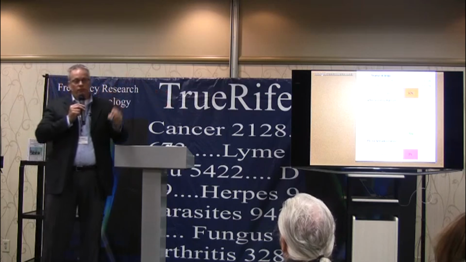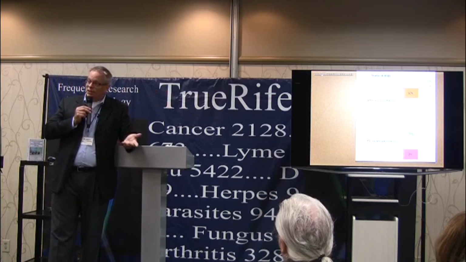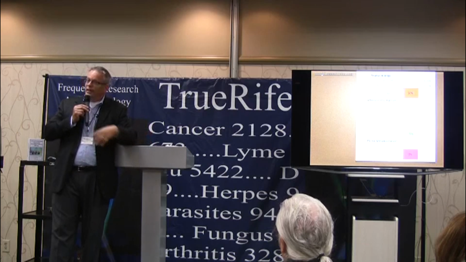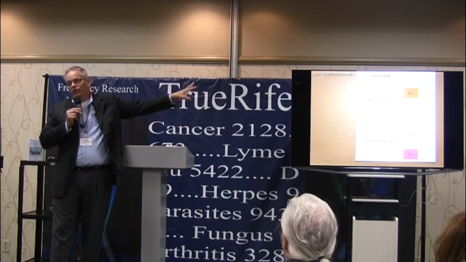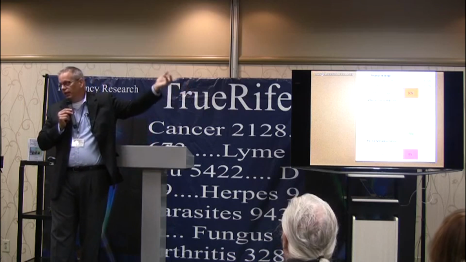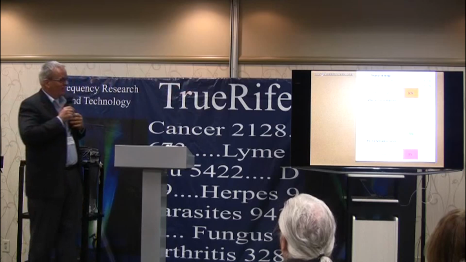Also, if you're fairly compromised health-wise, you probably shouldn't be eating peanuts anyhow because they have a lot of mycotoxins and mold. Nobody should really be eating a lot of peanuts, right? But certainly if you have the defects, you should not be eating peanuts. Okay? Still with me? All right.